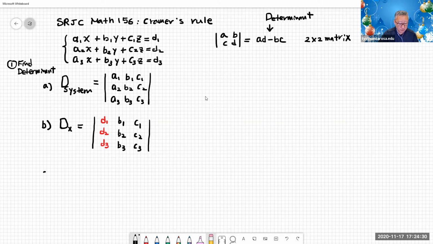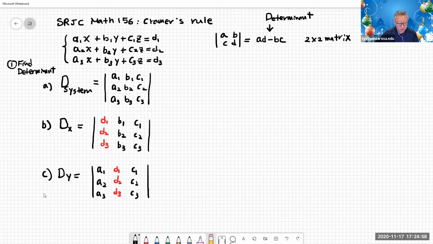We're going to do a similar thing for finding the determinant for Y. As we did for the X column, now we're going to replace the Y column with the constant column. So that would be D1, D2, and D3, and everything else stays the same. So you'll have A1, A2, A3, and C1, C2, and C3.